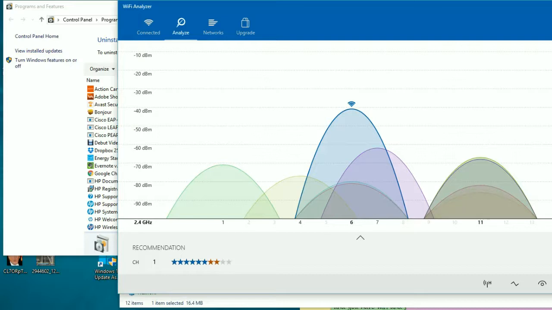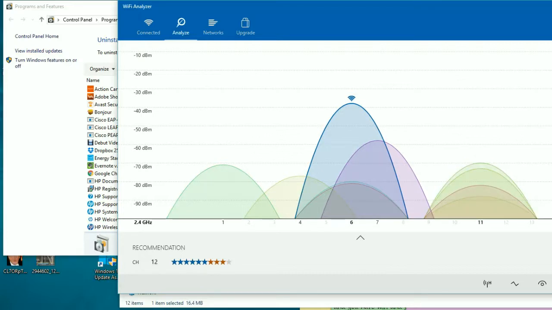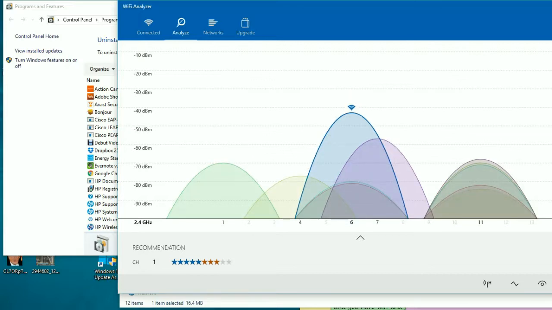Plus, I logged into my modem to make sure I was on channel 6. But this person right here is smart, because now they have a channel by themselves. There's a little overlapping between 2 and 6, which can cause slow speeds, but this tool is always good to have because you can tell if your internet's running slow or fast just by the signal collision.